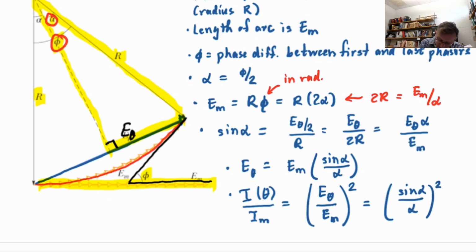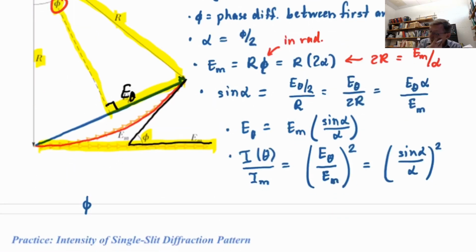But phi is the total phase difference, right, between the bottom of the slit and the top of the slit. And then we know how to write that. That's got to be 2 pi over the wavelength times the total path length difference between the top of the slit and the bottom of the slit, which is the slit width A times sine theta.